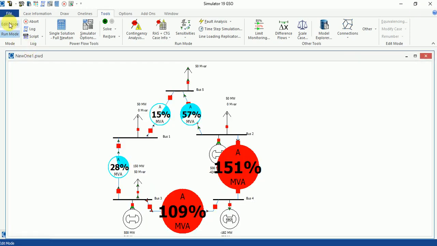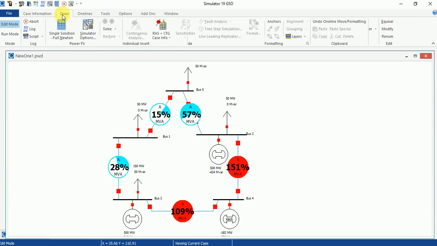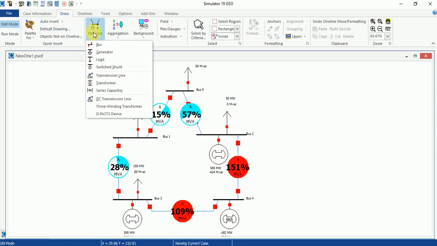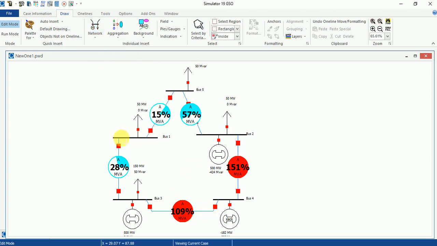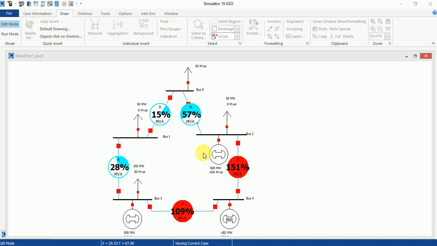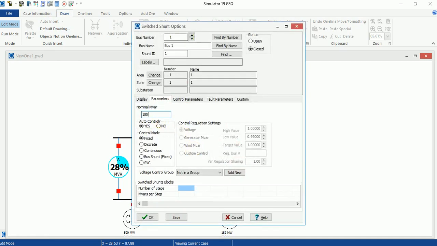Now go to edit mode, select draw, then select switched shunt at bus number 1. I am installing a capacitor of 100 megawatts at bus number 1 and bus number 5.